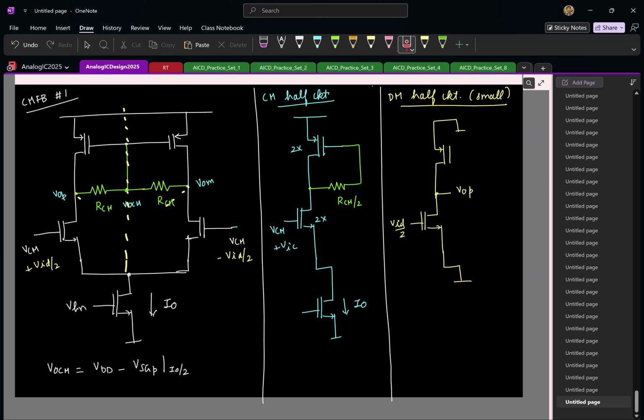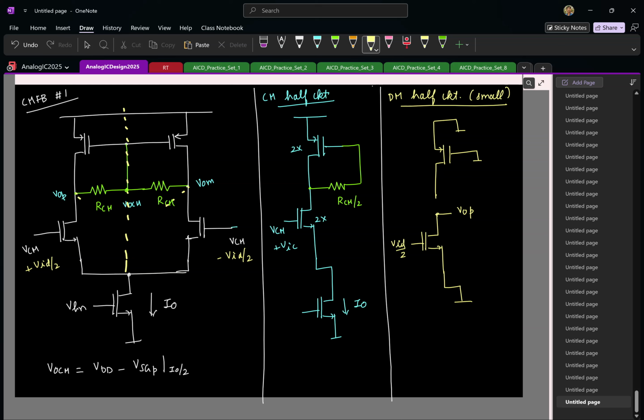Now what happens to the gate of the PMOS transistor here? Where is the gate of the PMOS transistor? It is at small signal ground. Remember, this is along the line of symmetry. The gate is at small signal ground. Right? And what can you say about the resistor RCM? What happens to that?